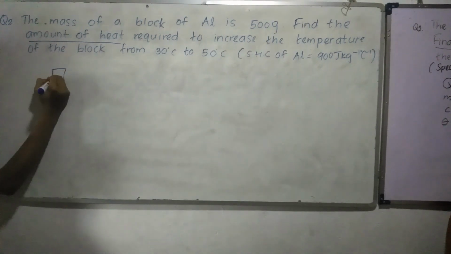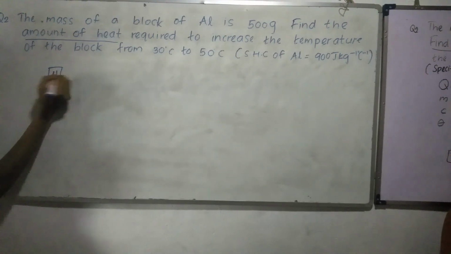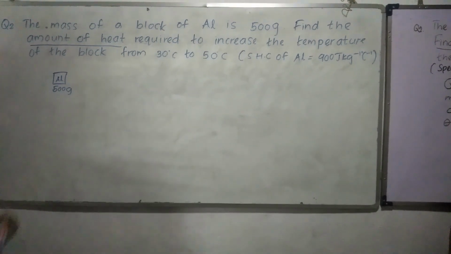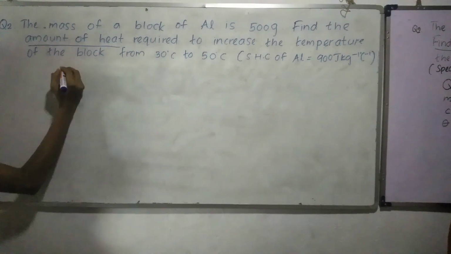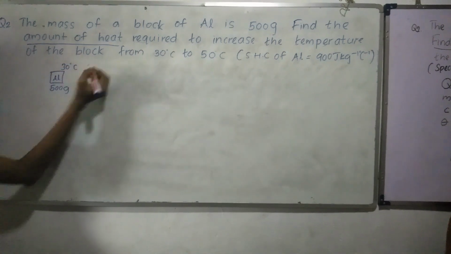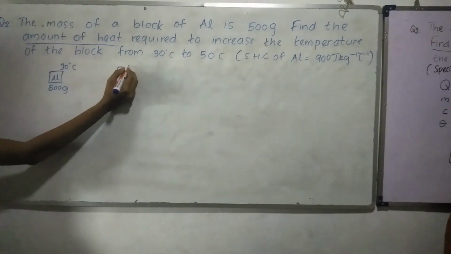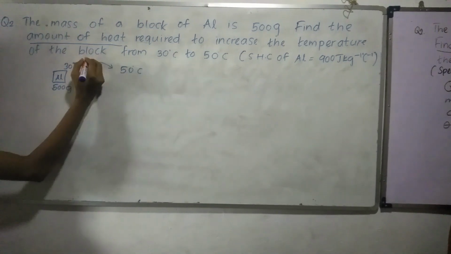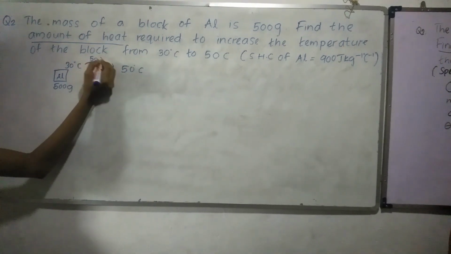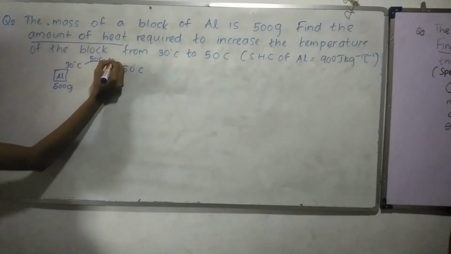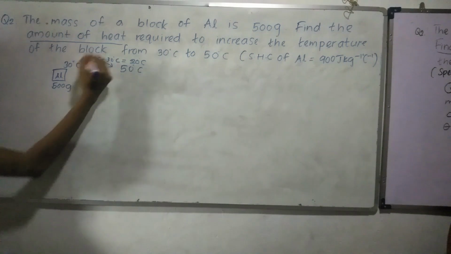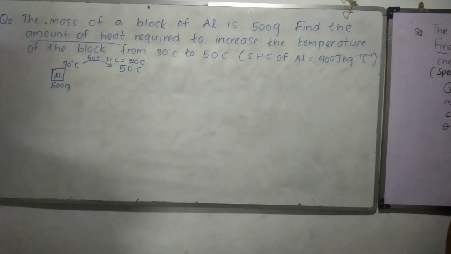An aluminium block is there, 500 grams in weight. The initial temperature is 30 degrees Celsius, the final temperature is 50 degrees Celsius. The increase in temperature is 50 minus 30, 20 degrees Celsius.